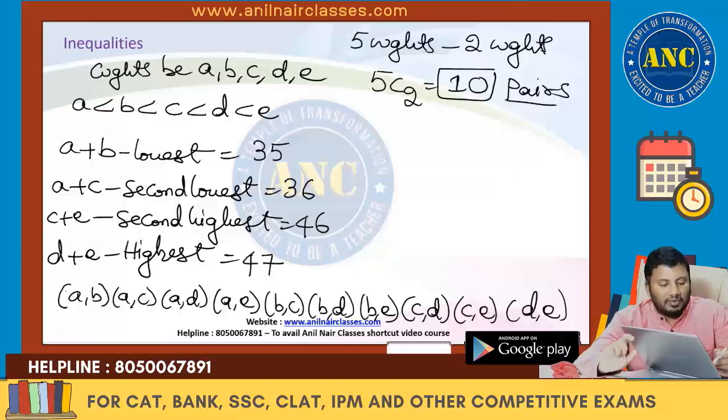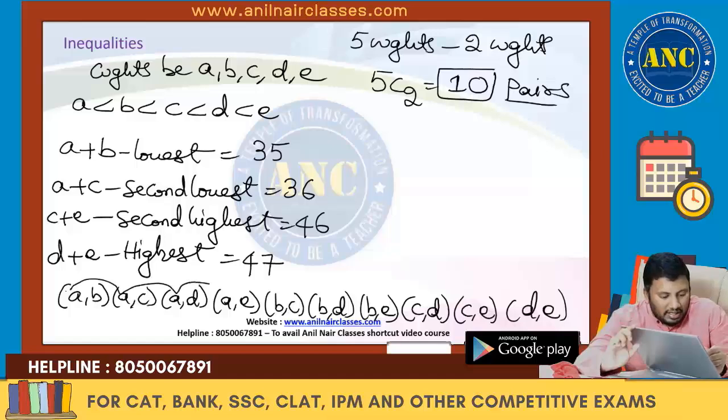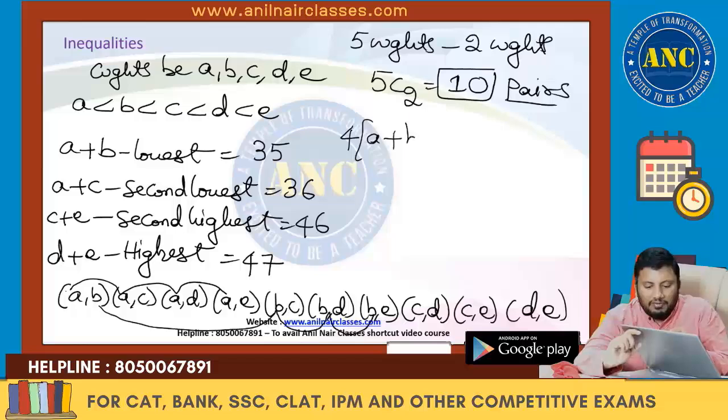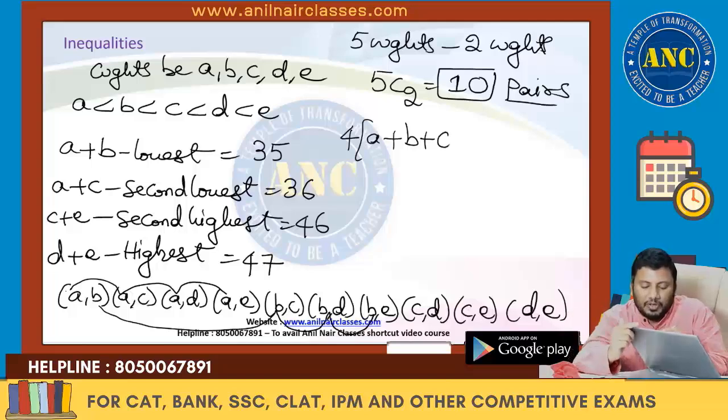A is added with every other weight. If I add all of this, A came 4 times, B also. Every value will be weighed with another. So A with B, A with C, A with D, A with E: 4 into A plus B plus C plus D plus E.